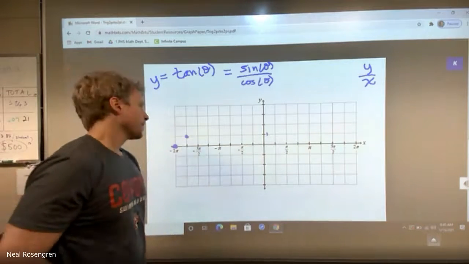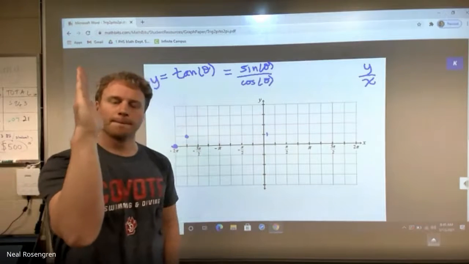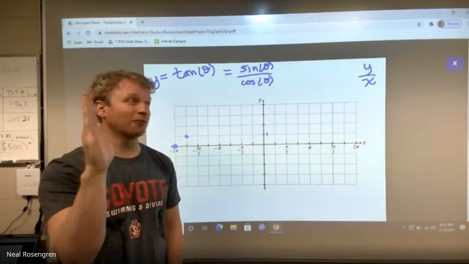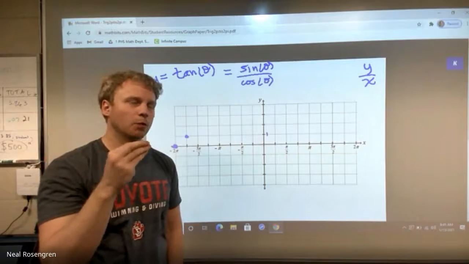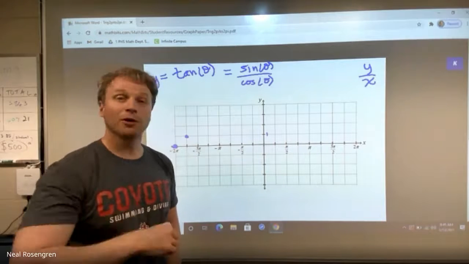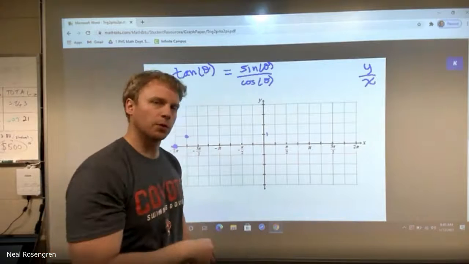Okay. But then we get up to the top. When I get up to this point at the top, where I'm at 0 comma 1, what I've got for y over x is 1 over 0, right? And what we see is that I don't get an answer back for that, and my function is undefined at that spot. Remember that there's only really 2 options for graphing when things are undefined.